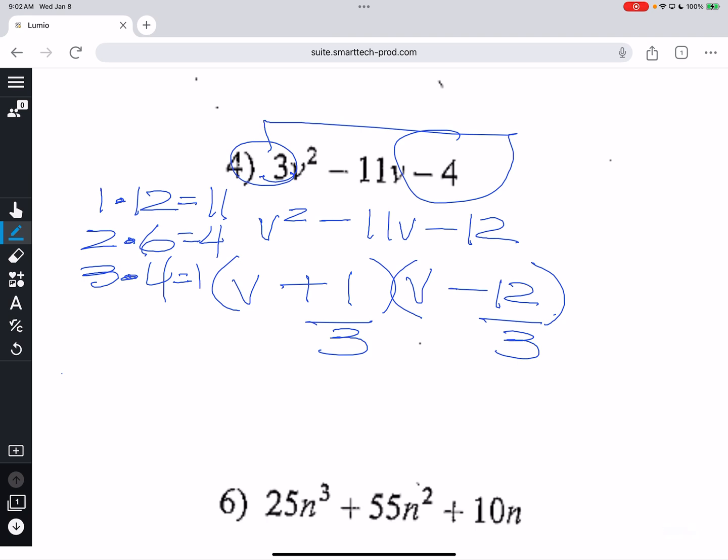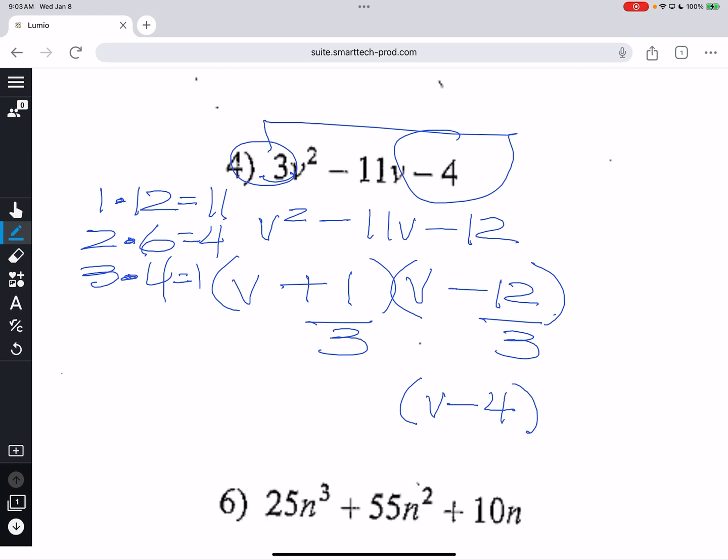Can you simplify either of those fractions? Yes, the last one. And what is it? 4. So the last is going to be V minus 4. Now, when you're looking at the other fraction, if this had been like 2/6, you would need to simplify it to 1/3.